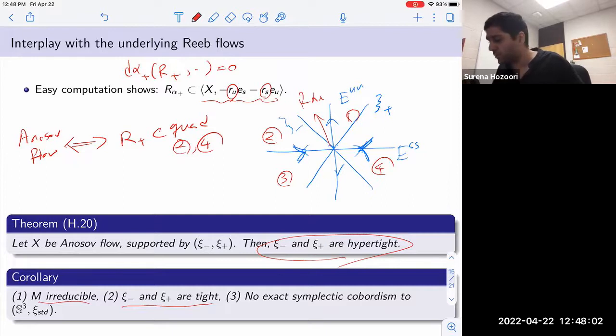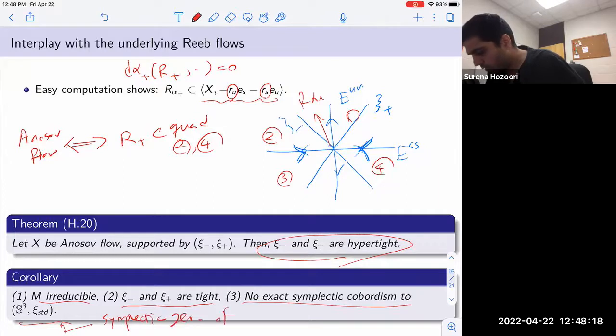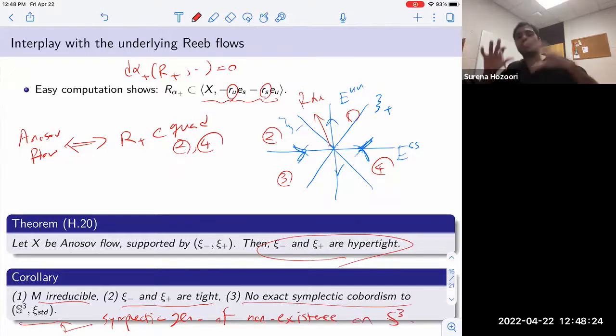Also, it's nice to have a Reeb dynamical proof as well. And it also shows that you don't have any exact symplectic cobordism to the standard sphere, which I think is interesting because this is just a symplectic generalization of the non-existence of Anosov flows on S^3. So we get some sort of symplectic generalization of not having Anosov flows on S^3.